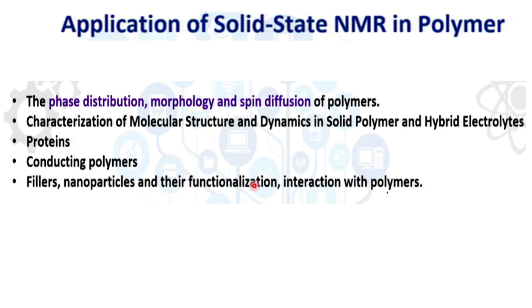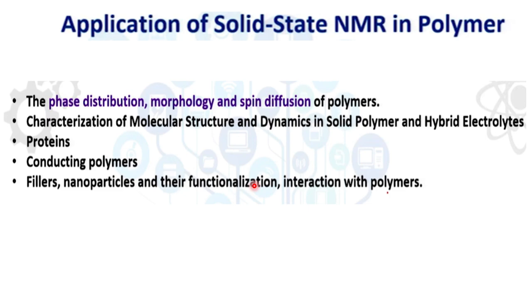We can do the NMR study to determine different protein structures. Since the solubility of conducting polymers is very poor in any organic solvent, it is required to do solid state NMR to know the structural behavior or the molecular structure of conducting polymers.